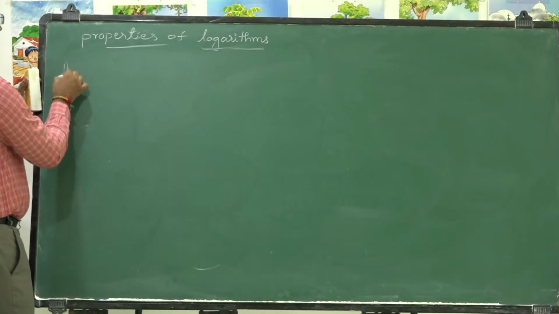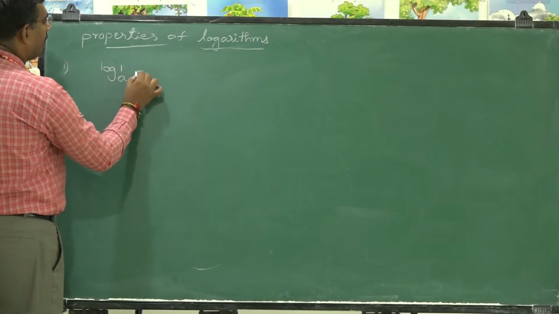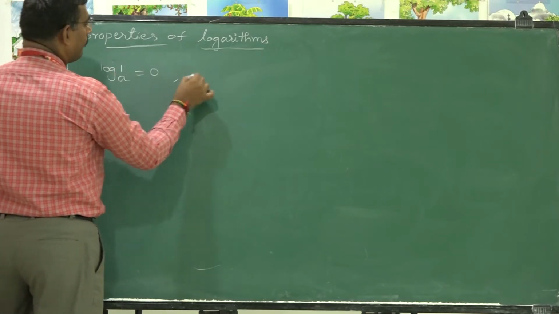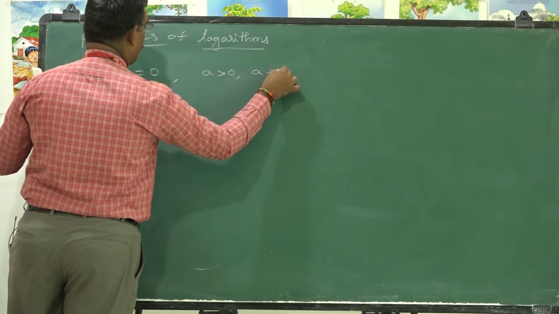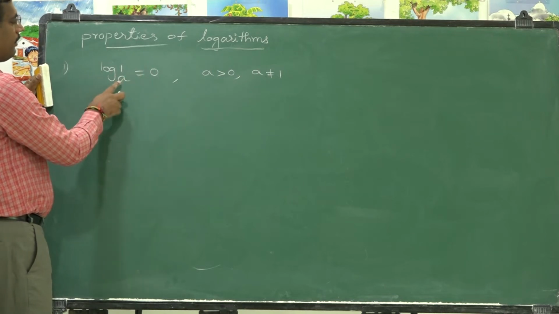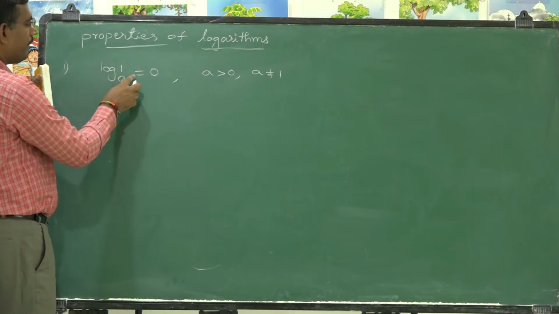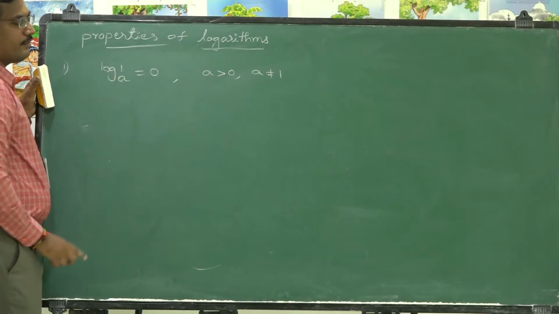First property: log 1 to the base a is equal to 0 for a greater than 0 and a not equal to 1. If a is greater than 0 and a is not equal to 1, then log 1 to the base a is equal to 0. Logarithm of 1 to any positive base is equal to 0.